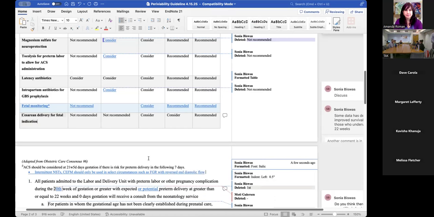Can I ask from the neonatal side of things, the reliability of continuous fetal monitoring for assessing fetal well-being, is that the same across all these gestational weeks from 22 to 24 weeks? No, I think that's the issue, Dave. Even at term, continuous fetal monitoring is only beneficial in that it prevents unrecognized intrapartum fetal demises, but it doesn't actually predict any of the other things that we'd like it to do.